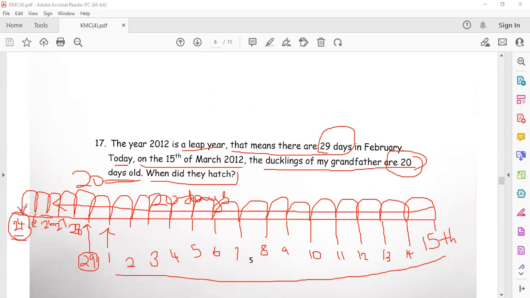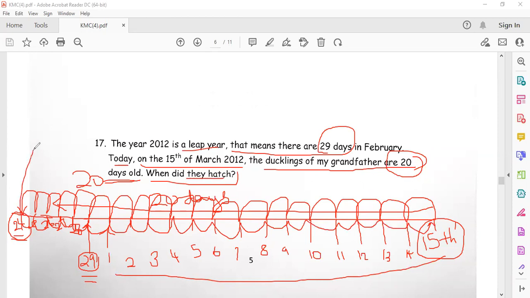From 24th of February, if you count 20 days, you will reach 15th of March, bearing in mind there is a 29th February. So let's do a double check. 1, 2, 3, up to 20. So you see that? So when did they hatch? 24th of February.